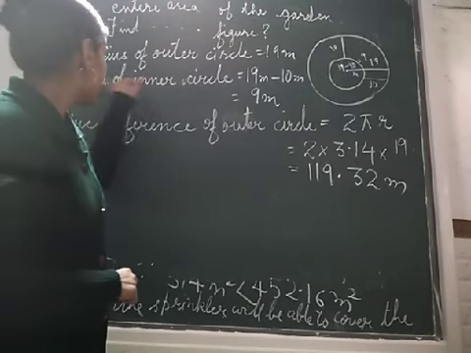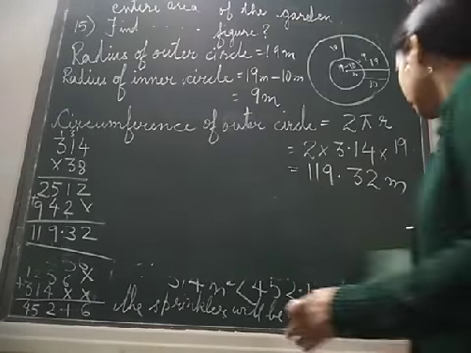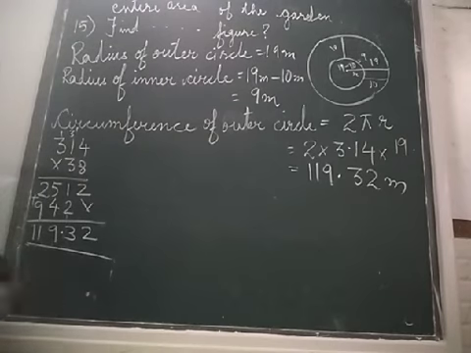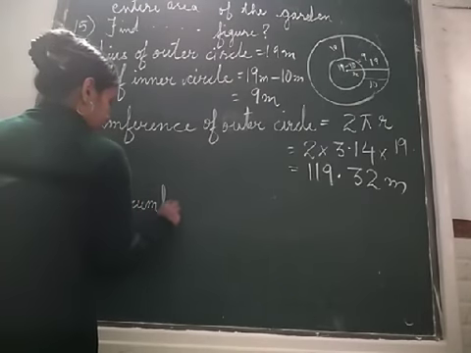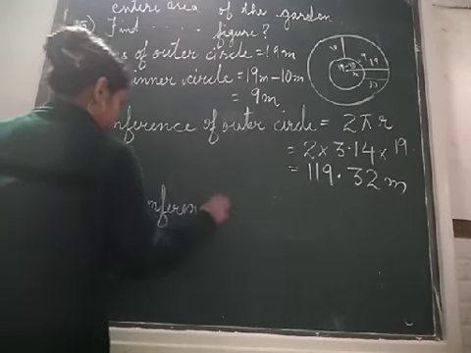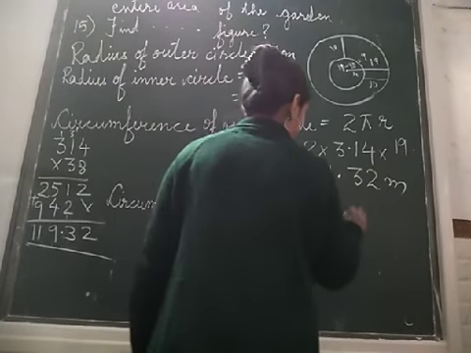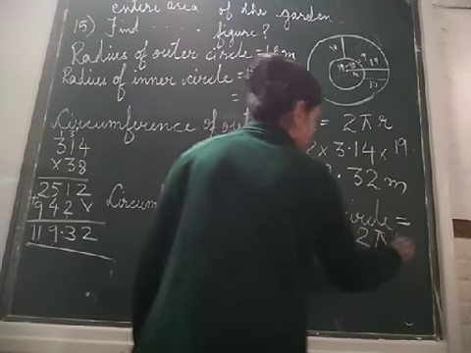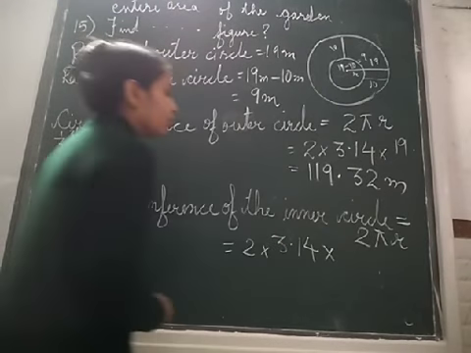Similarly, we will find the circumference of the inner circle. Okay. So let's do that. 2 pi r, that is 2 into 3.14 into what is the radius here?